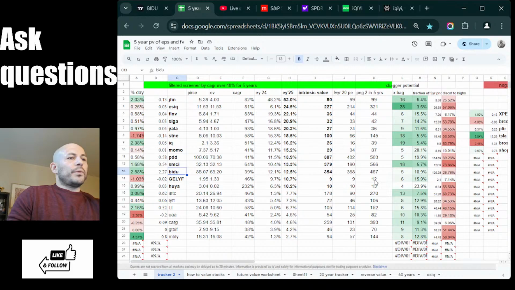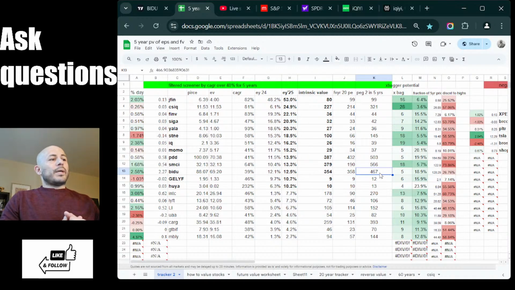Baidu future price, best price in 5 years, $467. It's trading at $88. They have more cash than debt, so it's really worth $69. You subtract the cash. 5-year future price, almost $500, 5x your money. That's what Apple did.